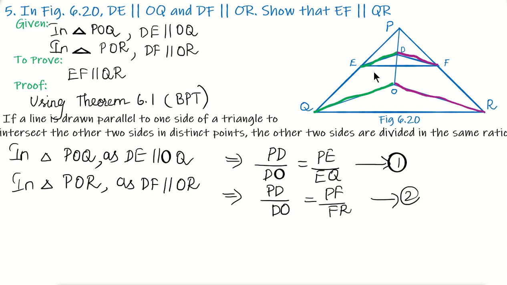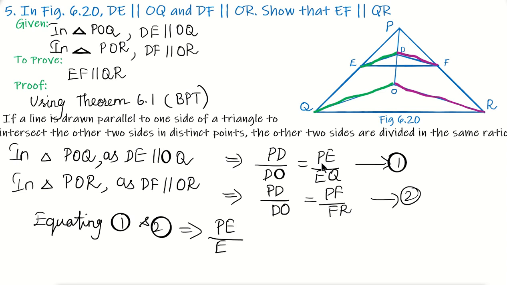Equation 2. Okay. Now equation 1 and 2 la left hand sides are equal, so that we can equate the right hand side. Is it? So that we can write, equating equations 1 and 2, from this we can conclude PE by EQ is equal to PF by FR.